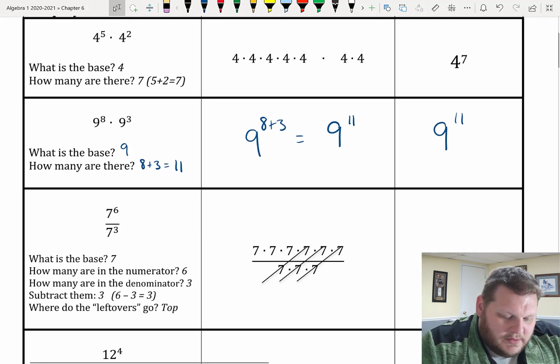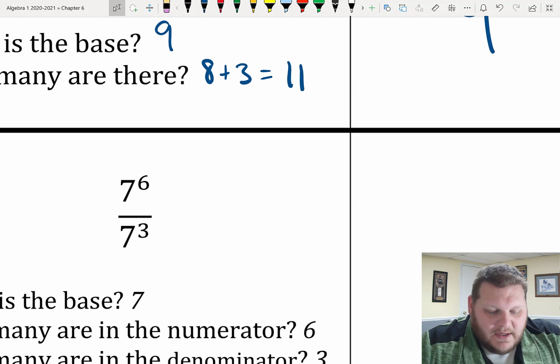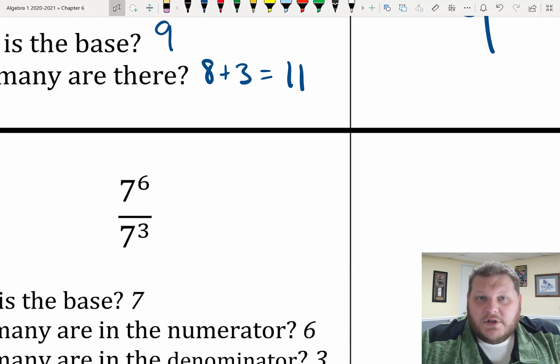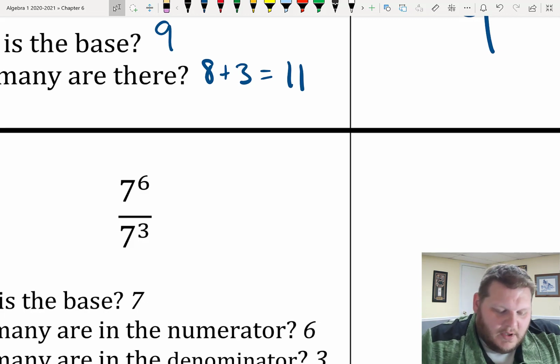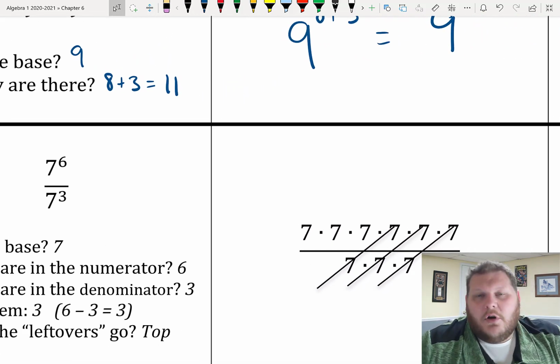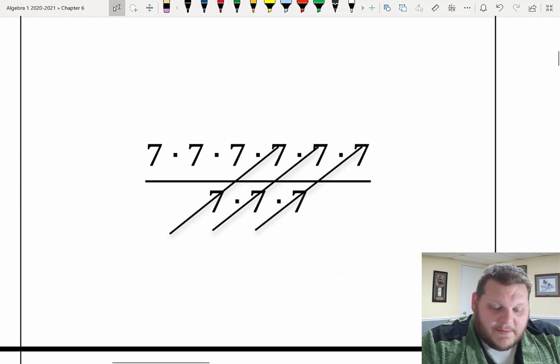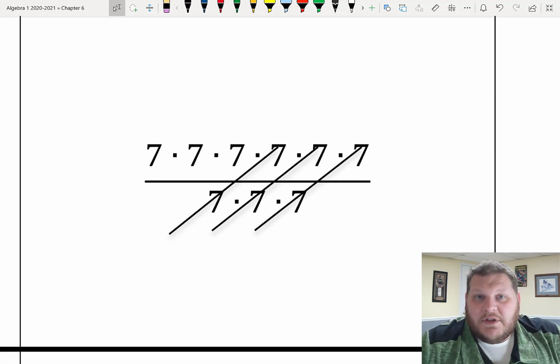All right, so if we get into this next one, it's a little bit trickier because I've got division, I've got a fraction, both of which are kind of scary for some of us. But again, we'll do it the old-fashioned way first. So we've got 7 to the 6th power over 7 to the 3rd power. If we expanded this all the way out, we'd write 7 six times up top and 7 three times in the bottom.